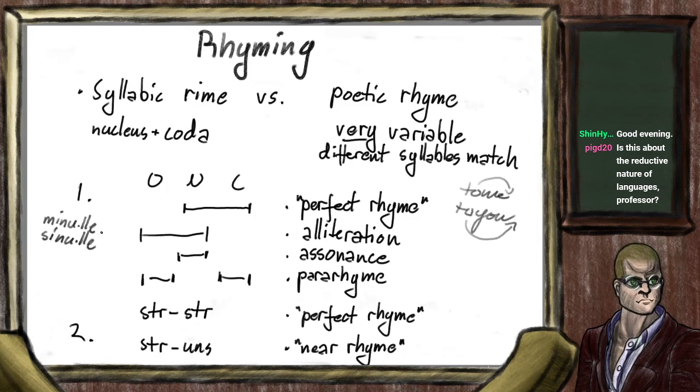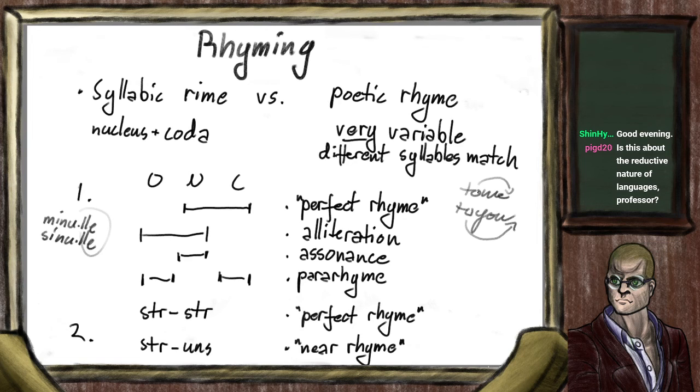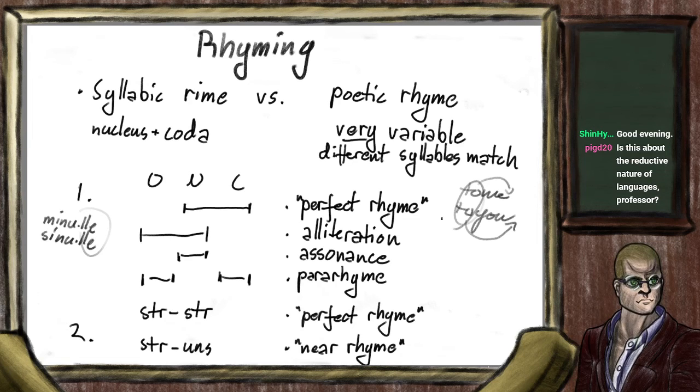Minulle, sinulle. You notice that the endings of these words are identical because they are using the same grammar, just as the beginnings of these phrases, many phrases are identical in English.